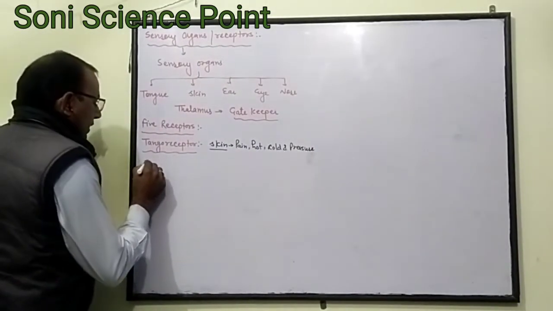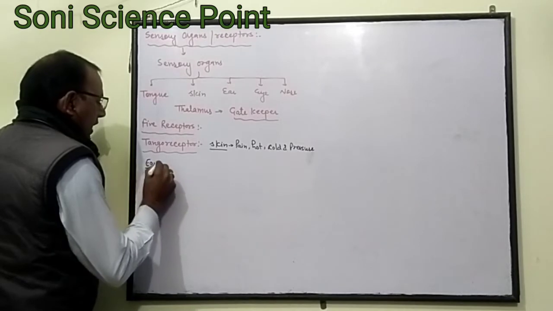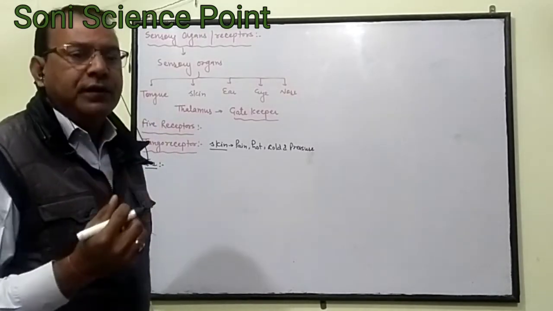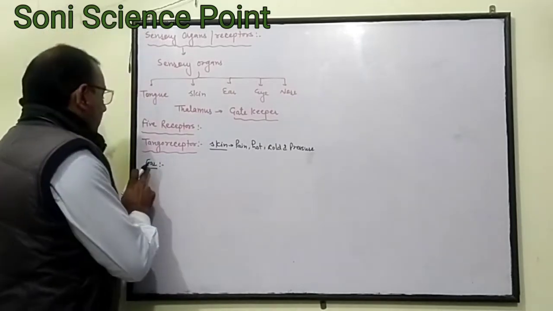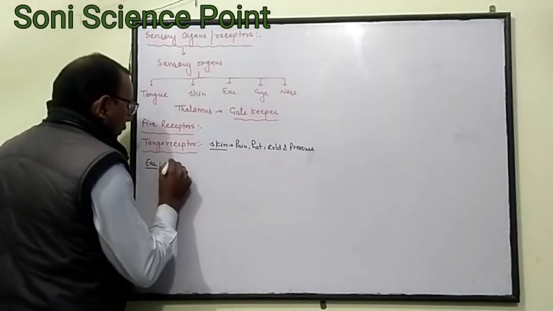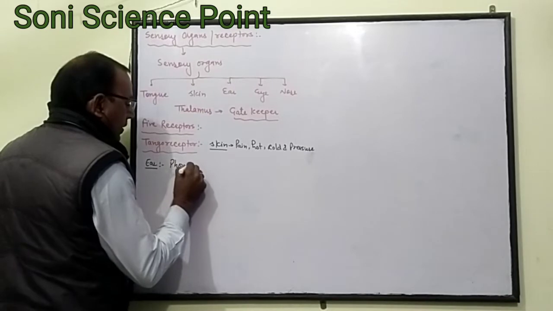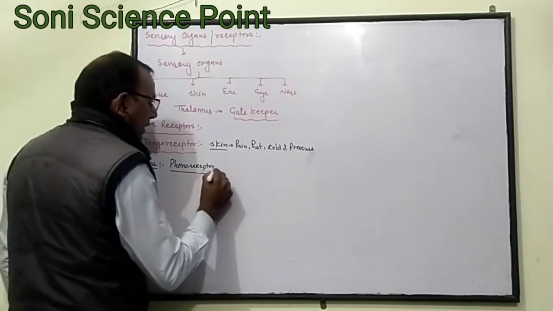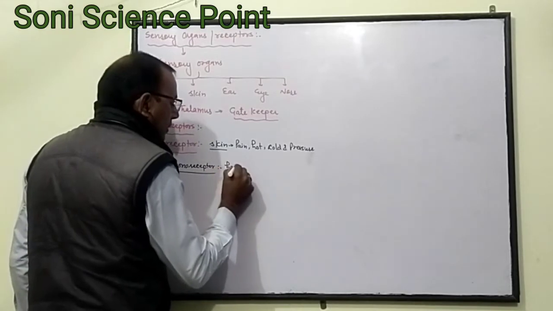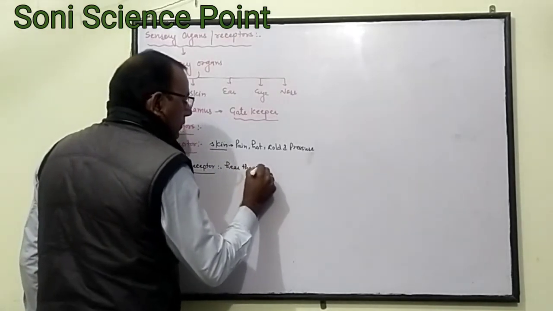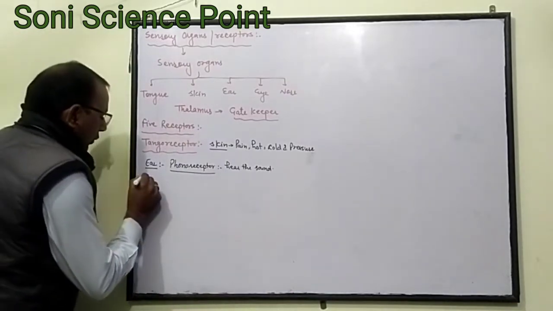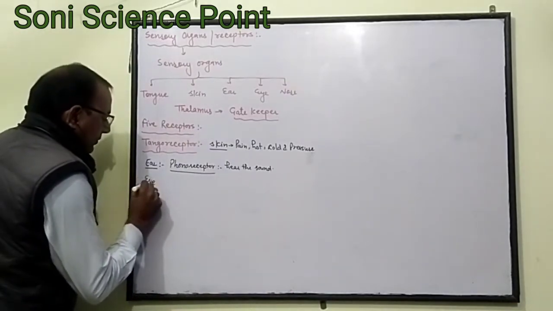The second one is the ear. With the help of the ear we can receive different sounds. So we can say that the ear is a phonoreceptor, because we can hear sound. Likewise, photoreceptor means eye.